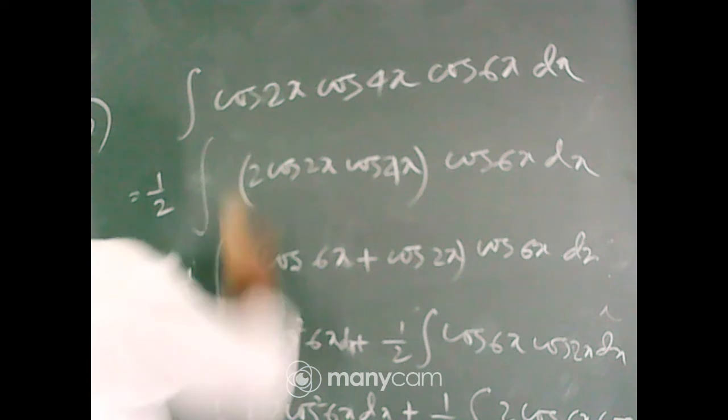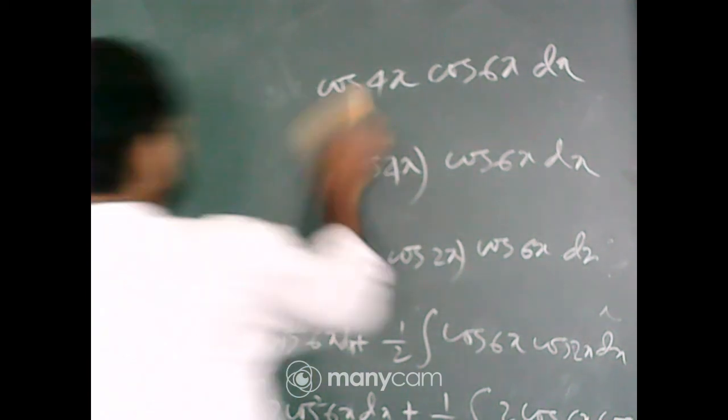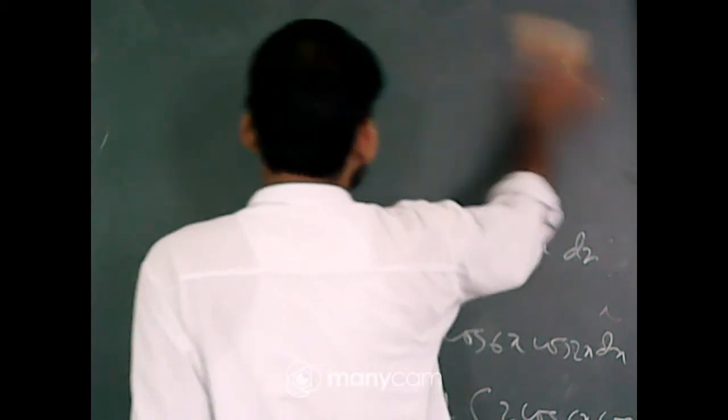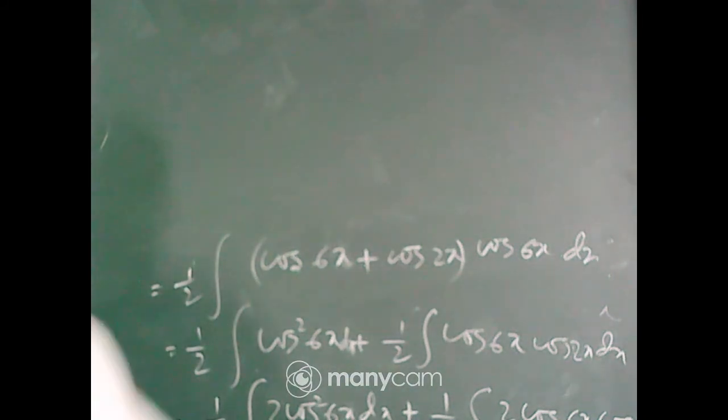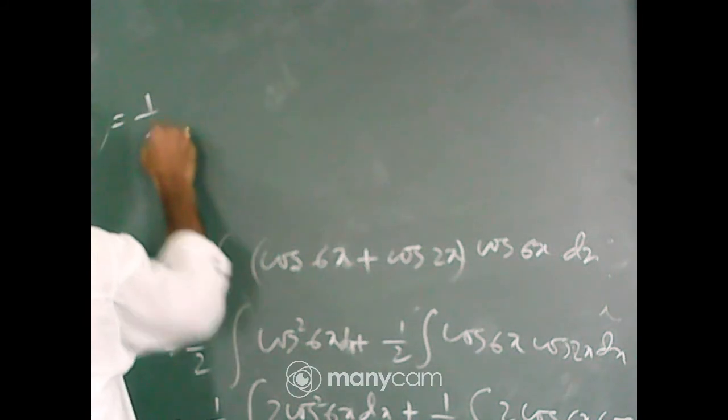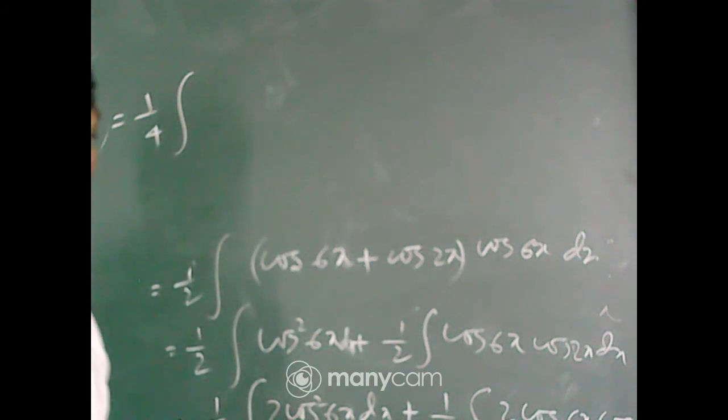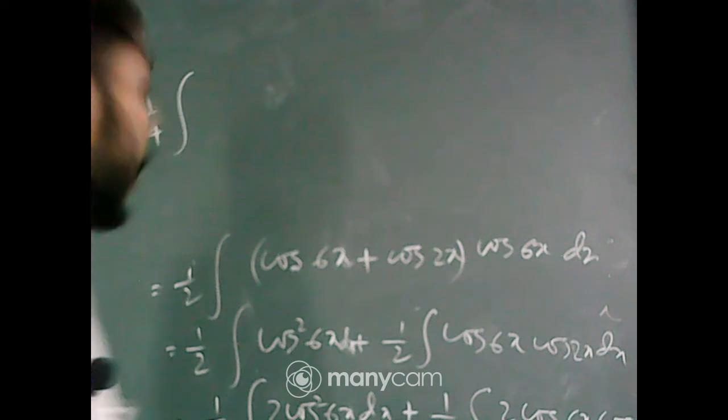I am rubbing the upper portion. So, for the first integral, the formula is 2 cos square x means 1 plus cos 2x.